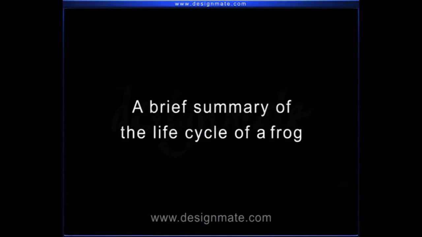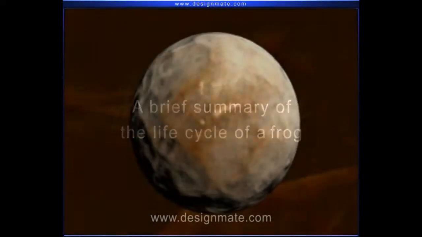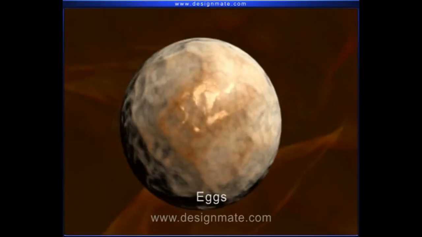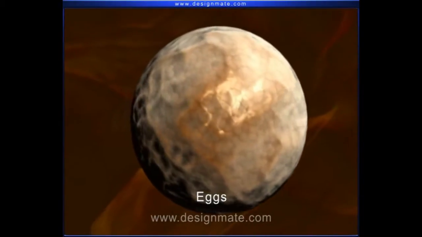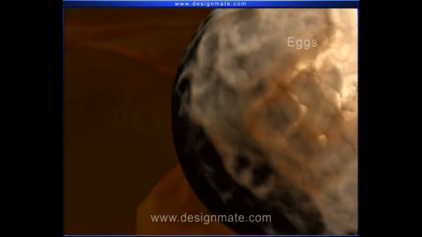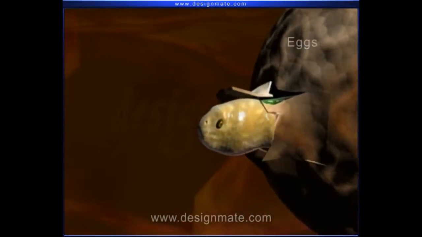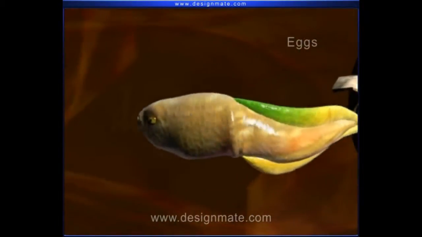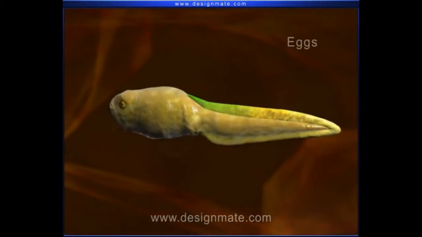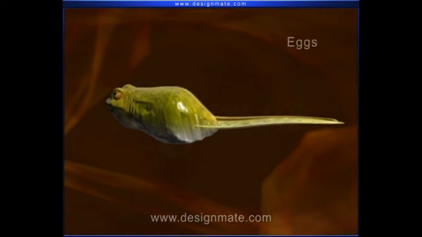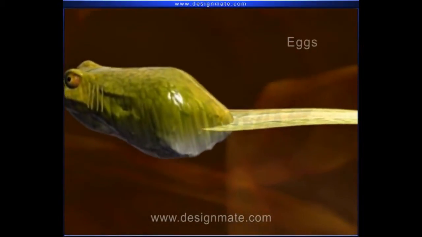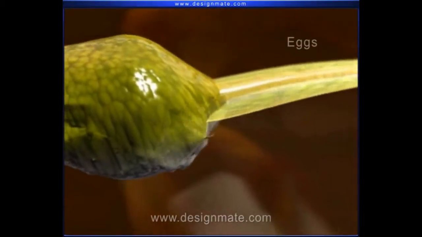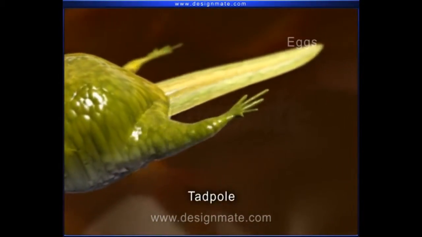A brief summary of the life cycle of a frog. The eggs develop into mature eggs. The egg then hatches to form a tadpole, which develops into tadpoles with hind limbs.